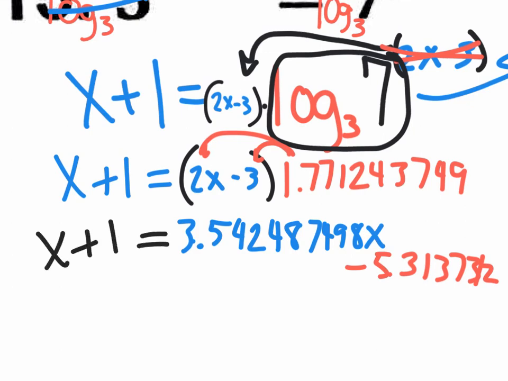And if you wanted to solve this thing, you're going to move the x's to one side. So I am going to move the x on the left over to the right by subtracting x, which is really subtracting 1x. So when I do 3.54248, all that nasty number, minus 1, it'll be 2.542 with an x at the very end.